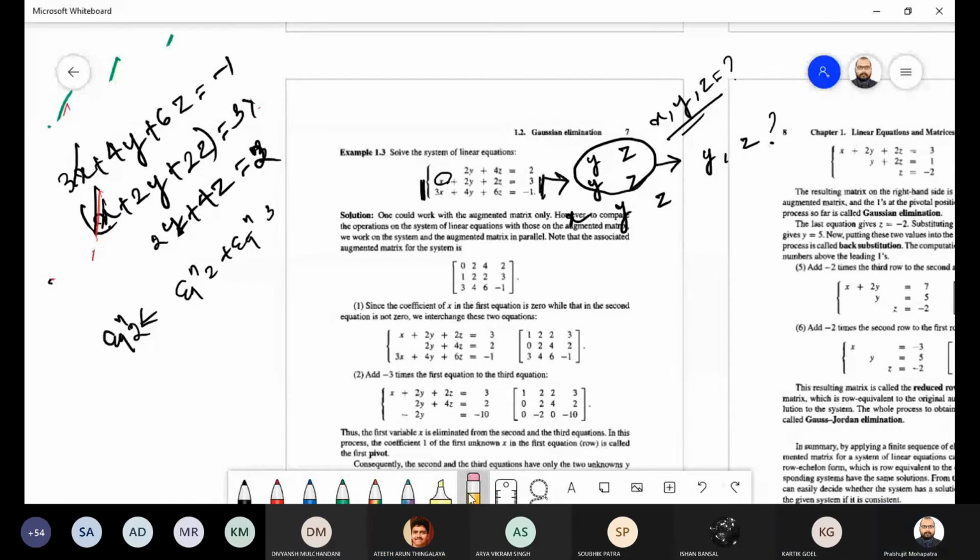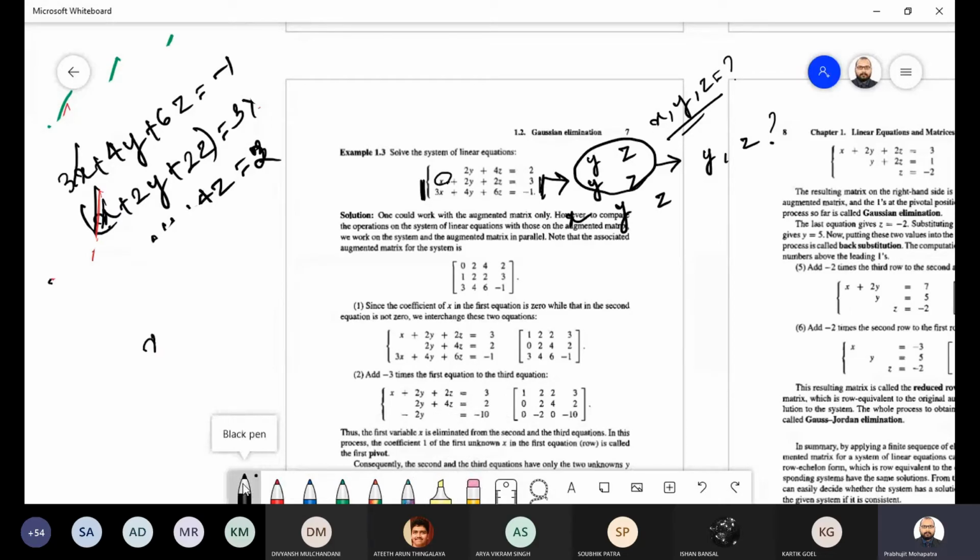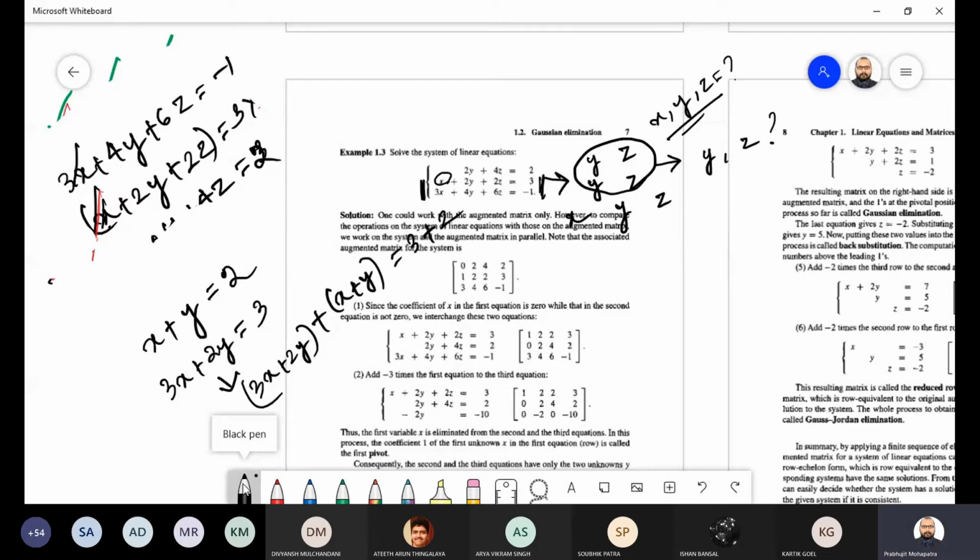We have to take one simple example. For example, we have x plus y equal to 2, and another, 3x plus 2y equal to 3. So I can write the same equation: 3x plus 2y plus x plus y equal to 3 plus 2.